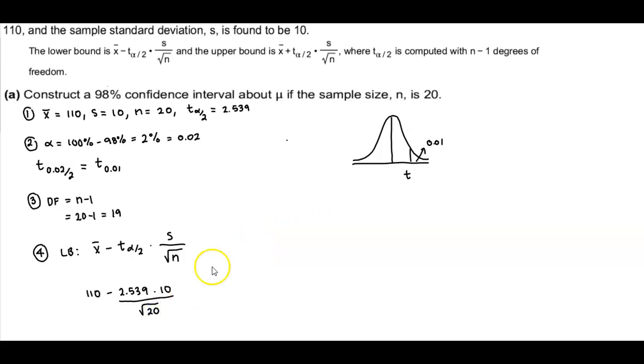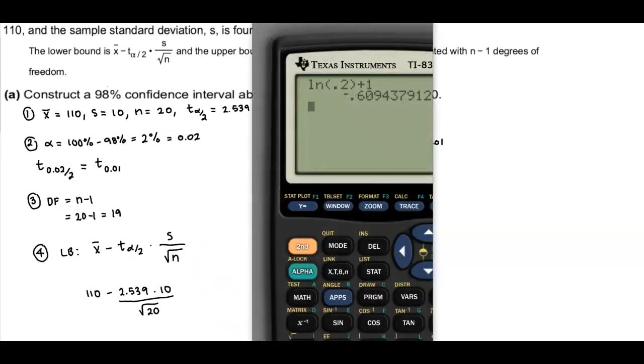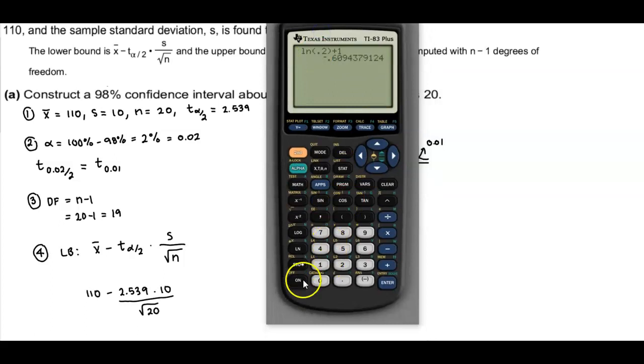If we plug this into our calculator, we can do this in order of operations. This is minus 2.539, so negative 2.539 times 10, and then we divide that by the square root of 20, and then we add the 110.